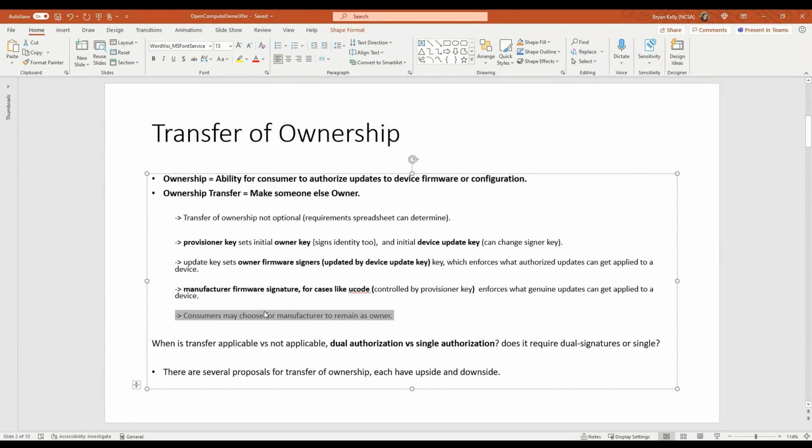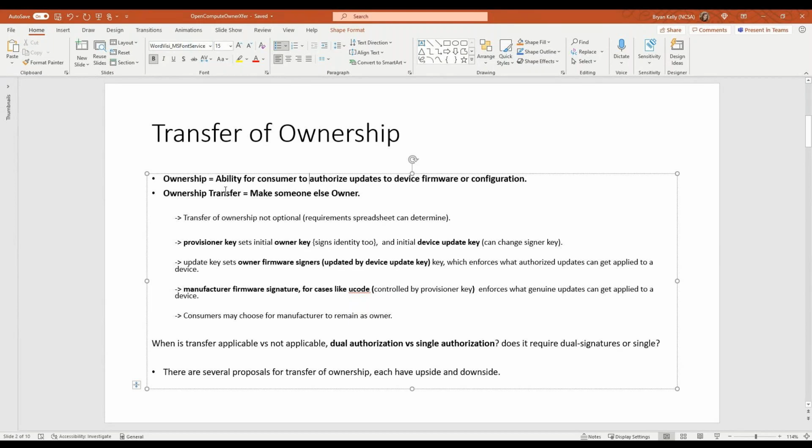I don't know. So the thing is that I think we have talked about three different things that you can do with ownership. One is this ability to authorize authorship, which may or may not be there, depending on the device or on what the manufacturer wants to do with that device.